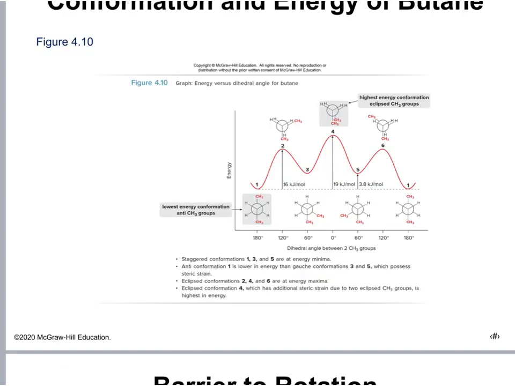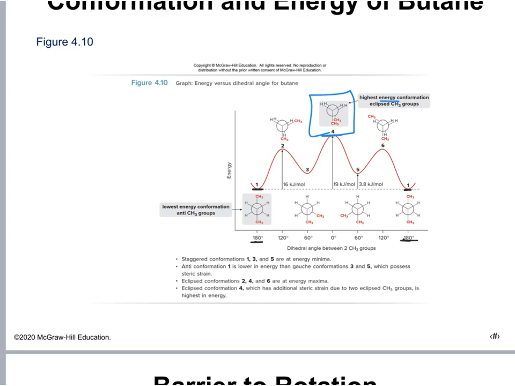And so the energy diagram can look like this, where you see that these 180 anti are going to be your lowest. And then your highest is going to be this number 4, where you have both methyl groups eclipsed.